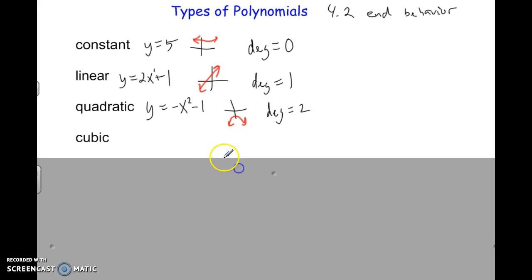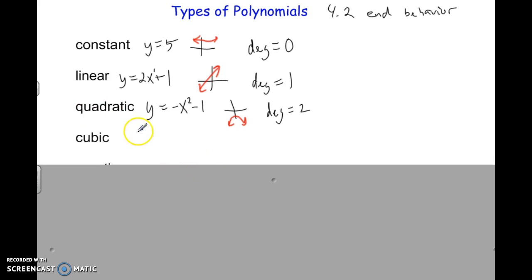Third degree are called cubics, like y equals x cubed plus x. The graph may have different looks to it. Sometimes it kind of does this: starts low, ends high, has a little curve in there in between, and the degree of that polynomial is 3.